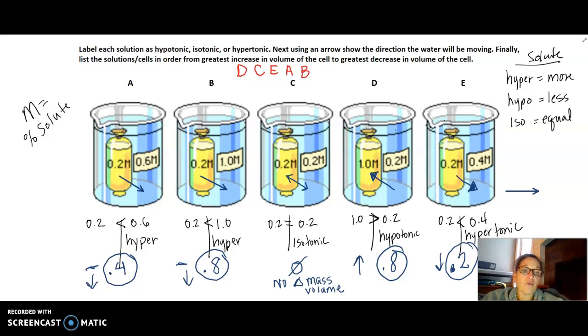And so the greatest amount of water will have to move out in order to dilute the strongest solution. And so here would be the correct sequence.